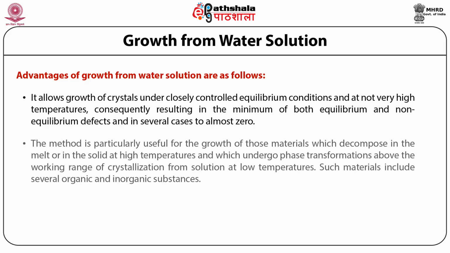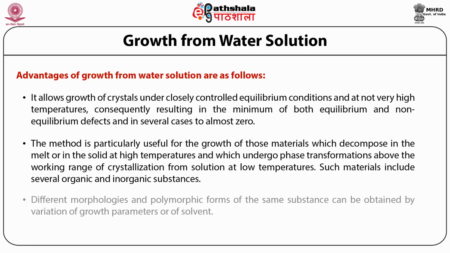Number five, the method is particularly useful for the growth of those materials which decompose in the melt or in the solid at high temperatures and which undergo phase transformation above the working range of crystallization from solution at low temperatures. Such materials include several organic and inorganic substances.